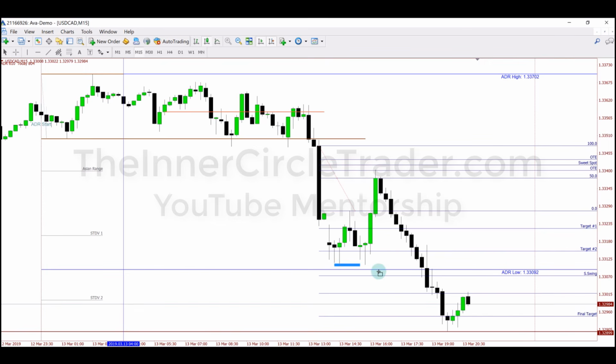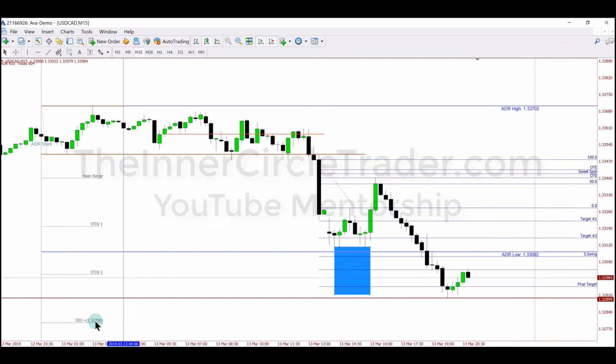Alright, so we have our equal lows here, and here's 10 pips, 20, right? There, 20 pips. Bingo. We got one little wick down below it. Okay, simple. It spreads to that 50% of the standard deviation between standard deviation 2 and standard deviation 3.